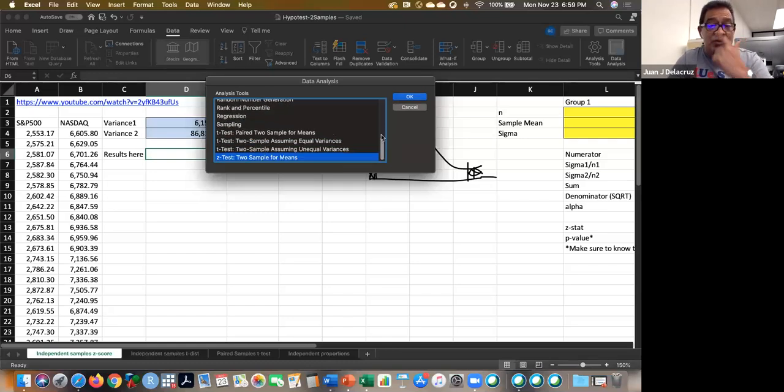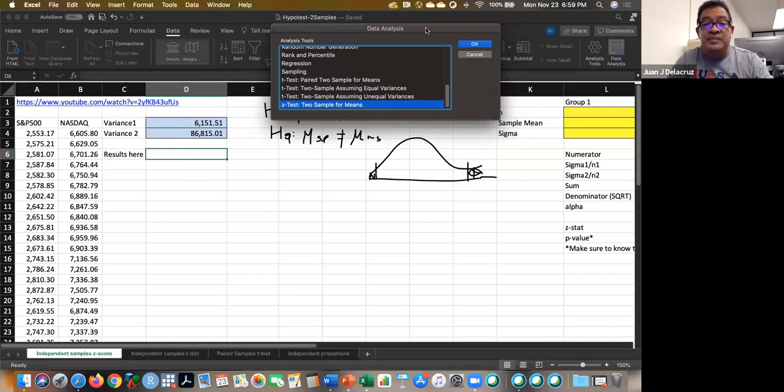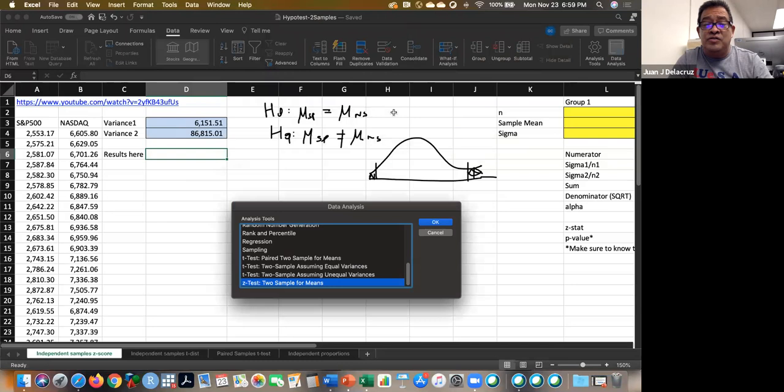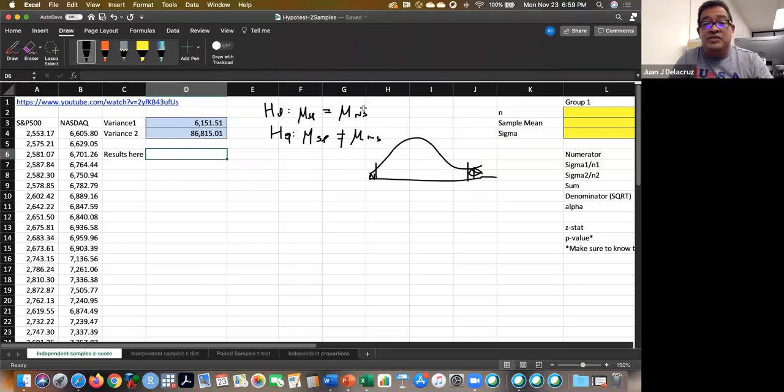In this case, what we need is the Z-test for two samples for means. That's what I need to know. I need to know whether these samples are equal or not equal. Of course, I'm going to make this my claim, because I am assuming that the two are equal.